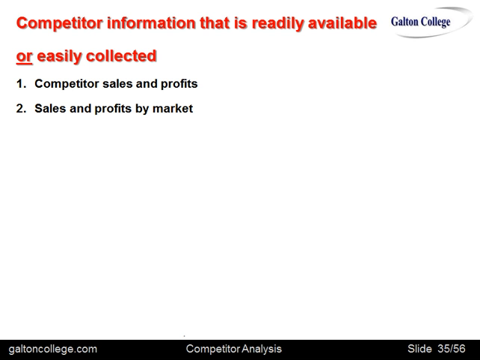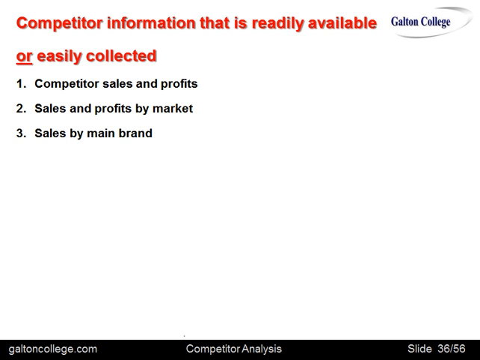It may be that we know what the market that the competitor is working in, so we know what the sales roughly will be in that market because the company is doing so well, or it appears to be doing so well, given its appearance in the marketplace and given its reputation in the marketplace.